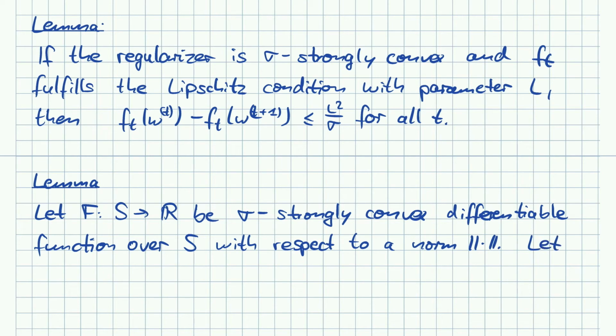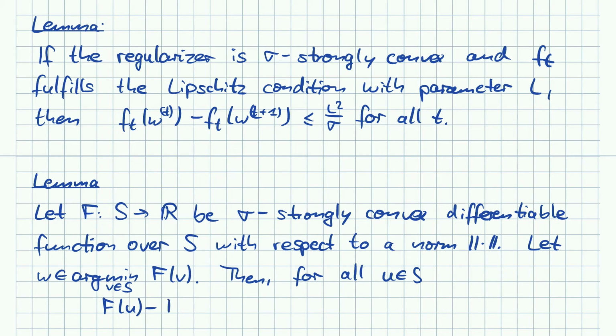And now we'll have the following. We let w be a point which minimizes this function f. Then for all other points u, f of u minus f of w is at least sigma over 2 times the norm of u minus w squared.